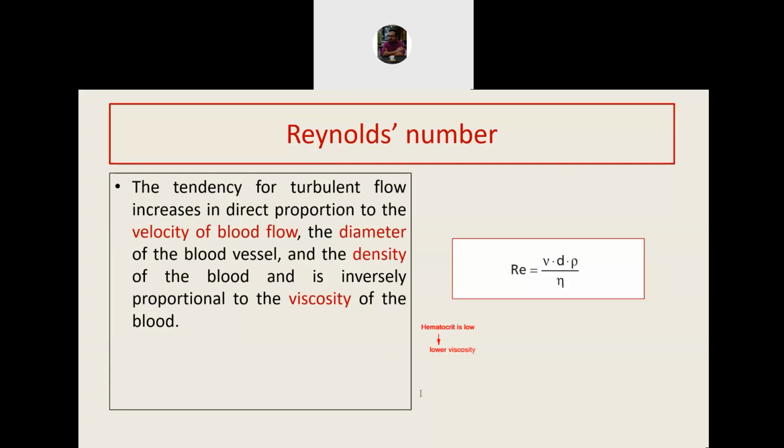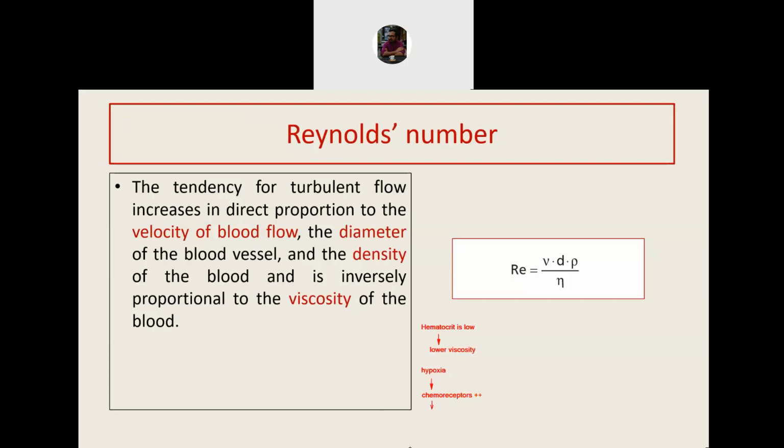On the other hand, as in anemia, oxygen carrying capacity of the blood decreases, so there will be hypoxia. This hypoxia can cause stimulation of the chemoreceptors. And in the previous episode, we have seen that chemoreceptors have some influence on blood circulation.